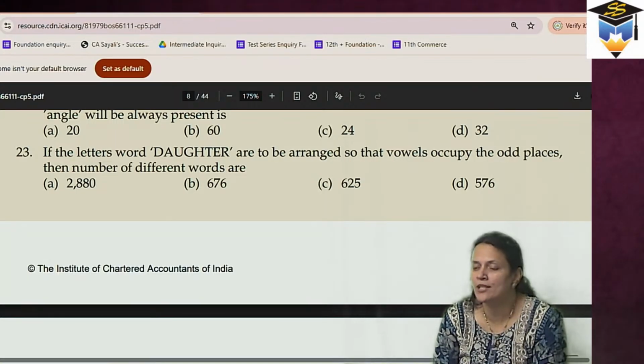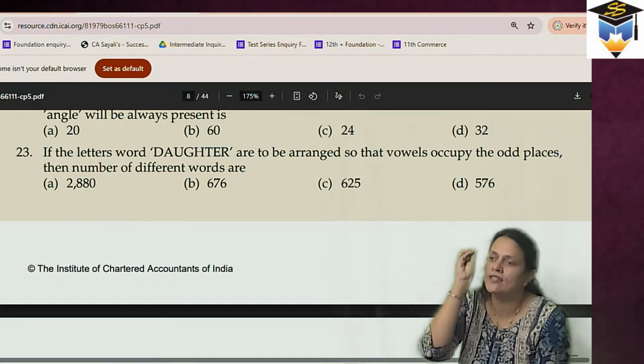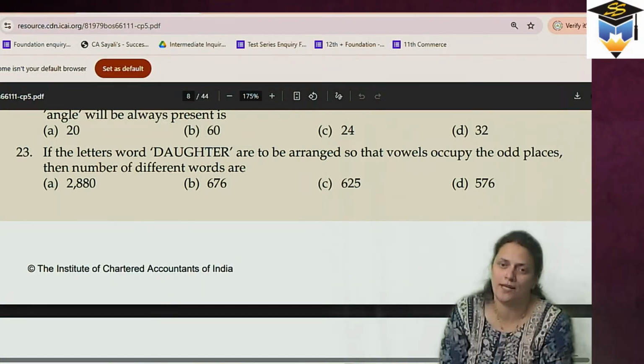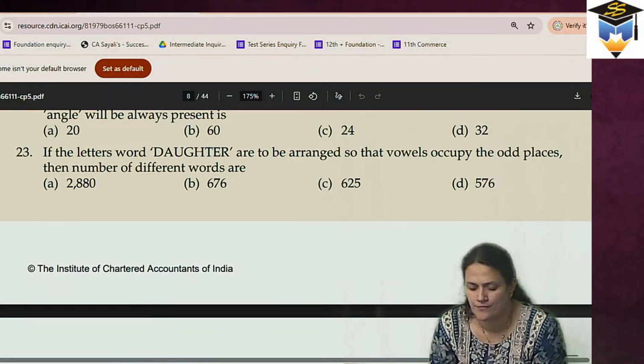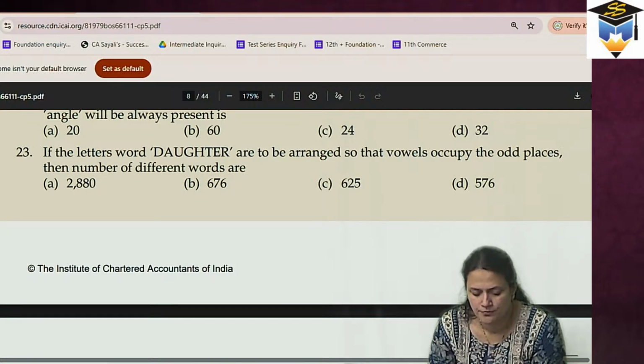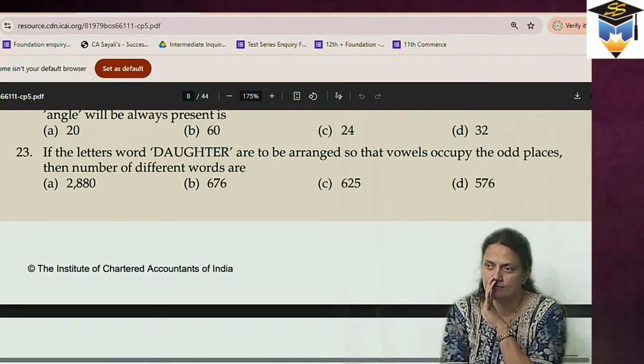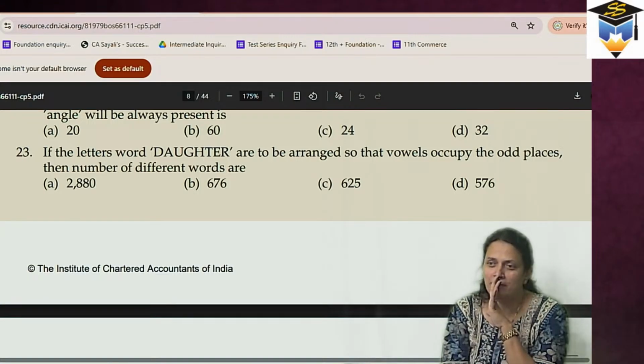Odd places मध्ये पाहिजे आपल्याला vowels. Odd places म्हणजे काय? First place, third place, fifth place, seventh place. Odd places. So total number of positions काय झाल्या? 5. Can you tell me why?